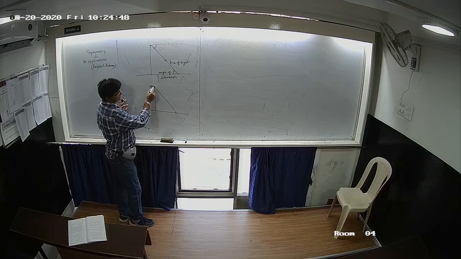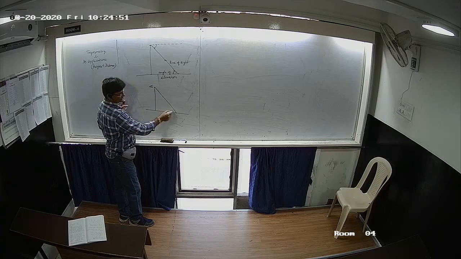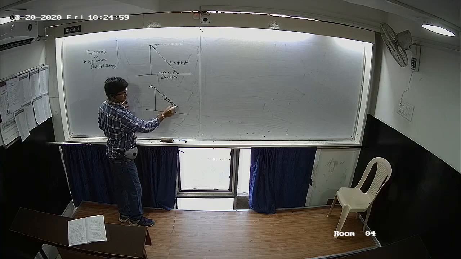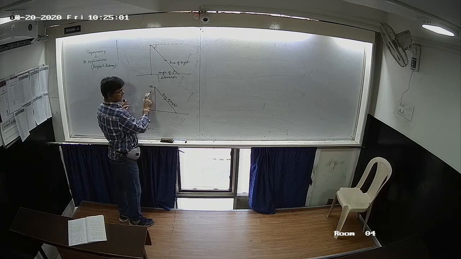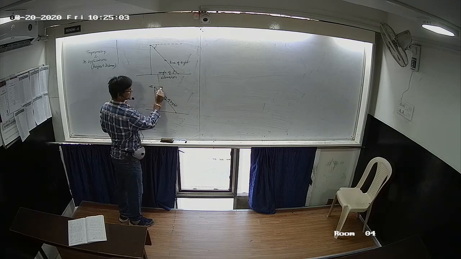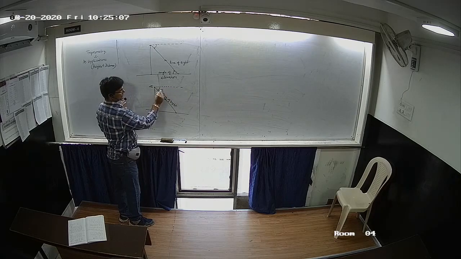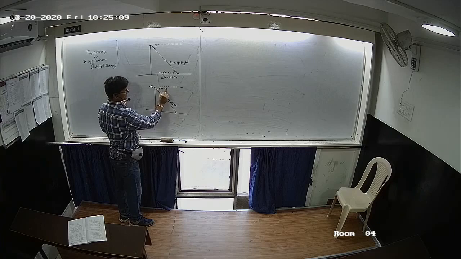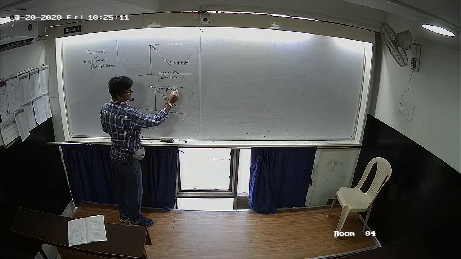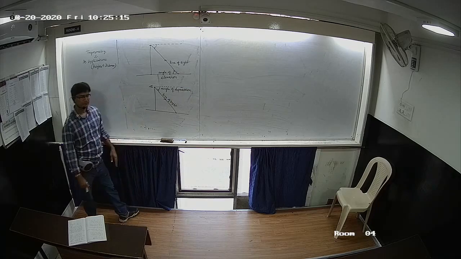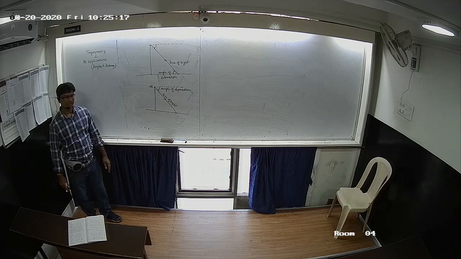Then, since he is looking from the top to the bottom, this becomes the line of sight. And the angle he is making with the horizontal, this angle is called angle of depression.